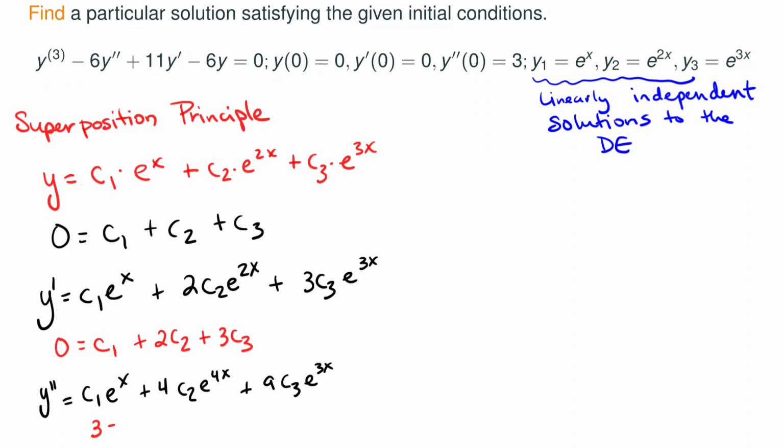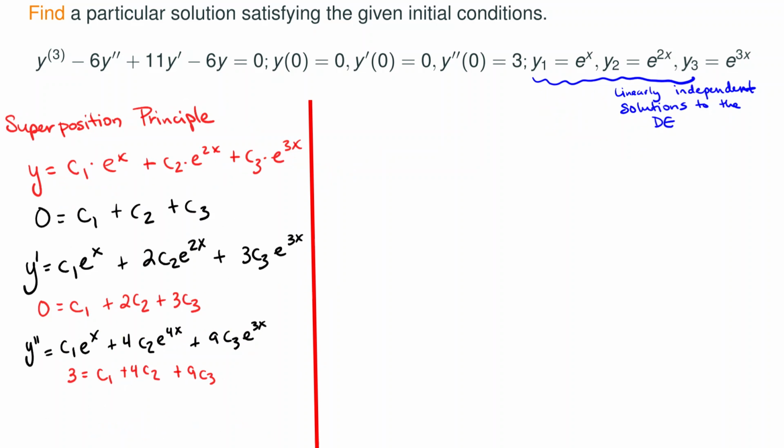So we have 3 equals C1 plus 4C2 plus 9C3. And this gives us a system of 3 equations and 3 variables. And in order to solve this, we need to bring it into 2 equations and 2 variables. And we're going to do that through the elimination method.